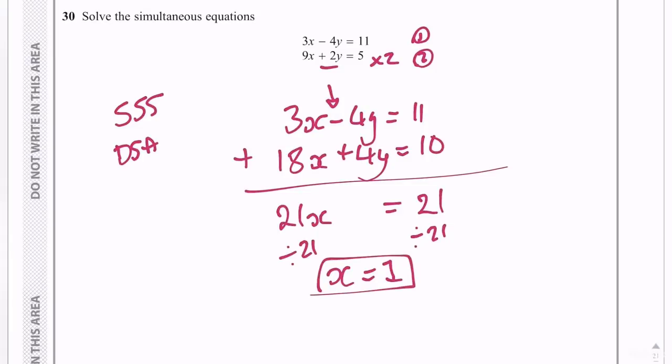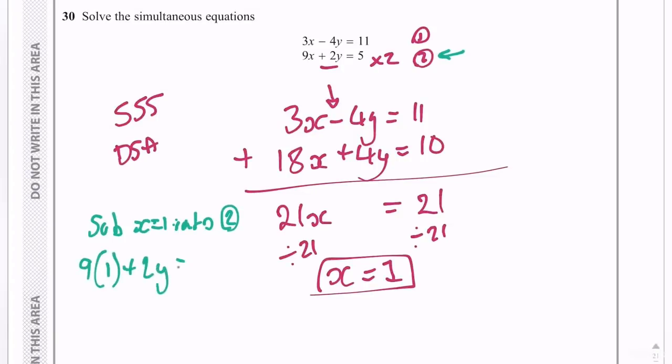And now we just need to sub that into one of these equations to find the value of y. Let's do this to the side. So sub x equals 1 into equation 2, purely because it has the plus sign in there. So subbing that in, we get 9 times 1 plus 2y equals 5. 9 times 1 is 9, so 9 plus 2y equals 5, and then we just need to solve this.